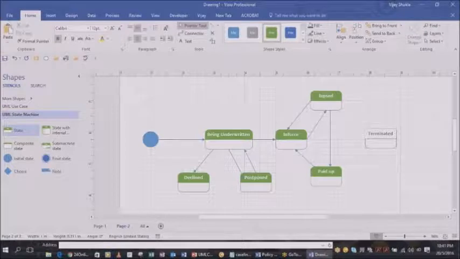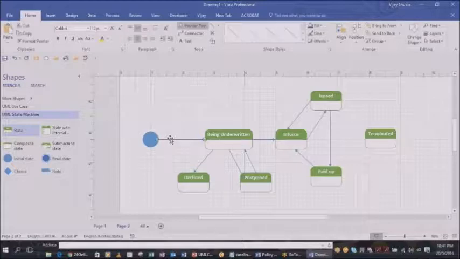Same is true for the paid up policy, and an enforced policy can get terminated if the time period is over or if there is a death claim. So a lapsed policy can become terminated when the time period of the policy gets over.